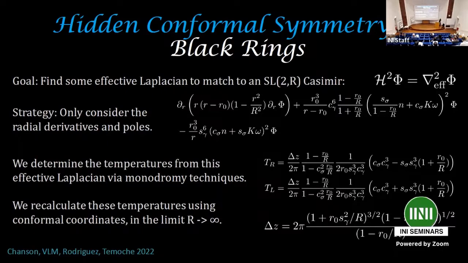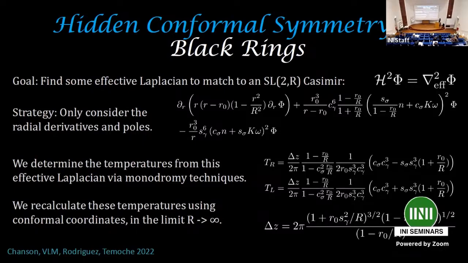K is again a constant, not a separation constant. It's just a constant. And so our strategy is to consider only these things. And what we can do is build, in this work, we didn't consider building the generators.